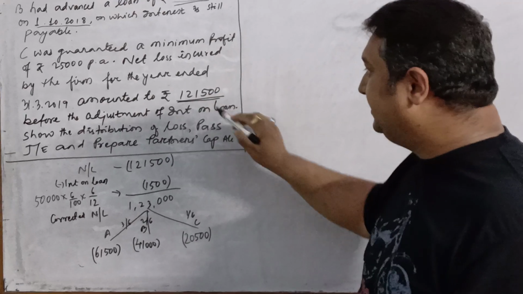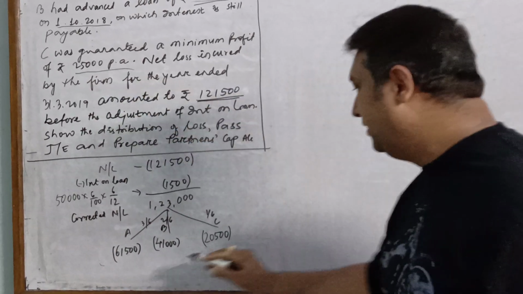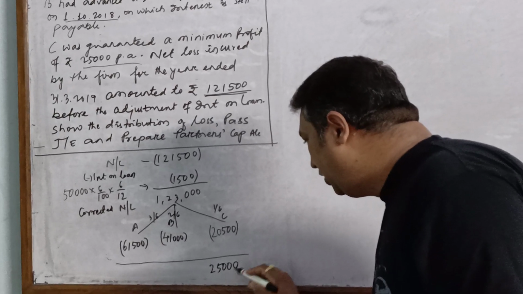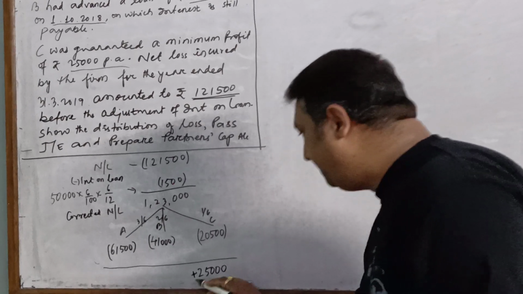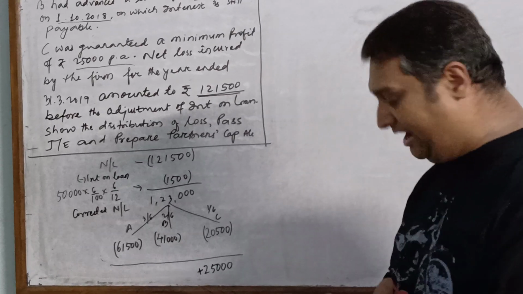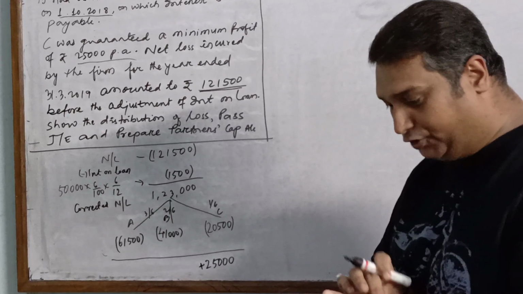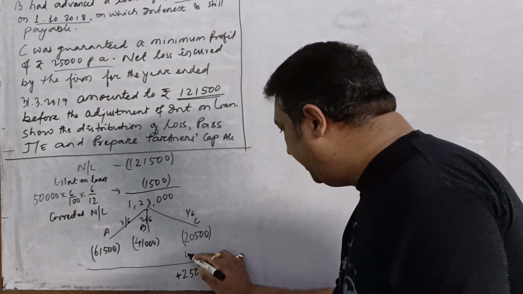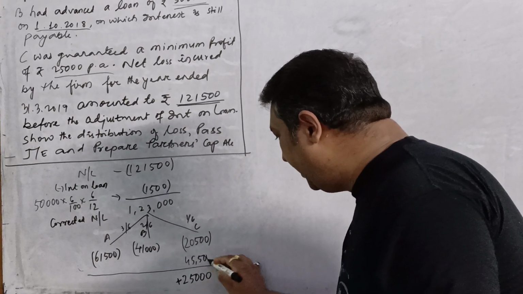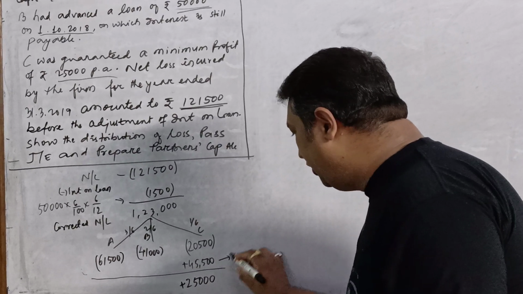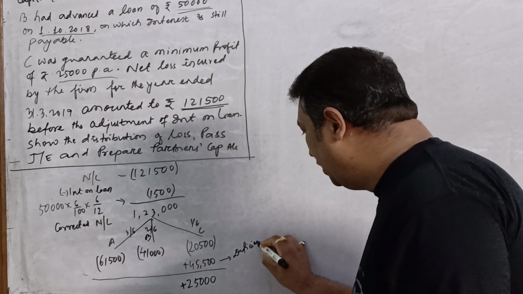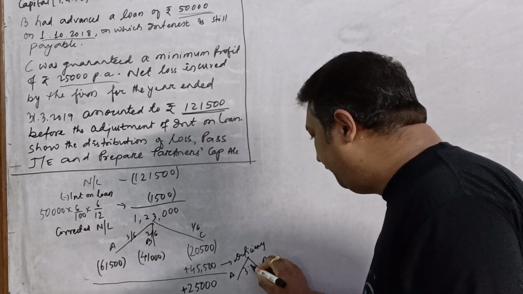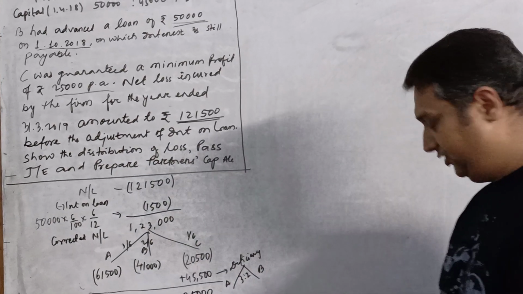The amount of guarantee is still rupees 25,000. So we will draw a line. We will see over here that we need 25,000 plus, that means a profit, whereas we are having a loss of 20,500. So the total amount of deficiency will be added and it is 45,500. So this is your amount of deficiency which has to be borne by A and B in their profit sharing ratio, which is 3:2.